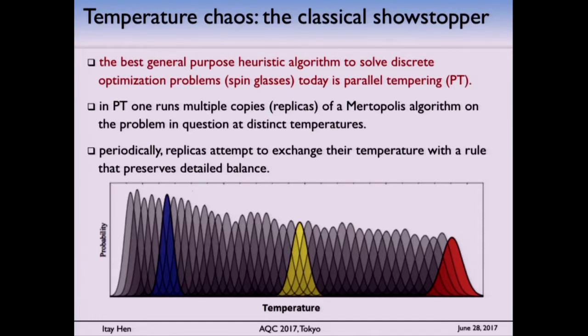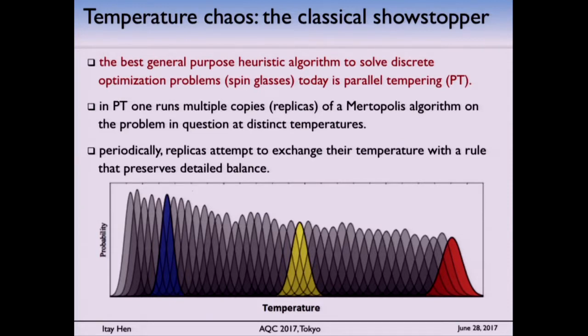If you want to solve a problem classically, then the state of the art, at least for general problems, is parallel tempering. Some would tell you maybe population annealing, but it's the same in terms of what I'm saying; I could have done everything for population annealing, but parallel tempering is more in the forefront. When you use parallel tempering to solve a classical spin glass, you run parallel, independent copies of the spin glass with the Metropolis algorithm at fixed temperatures.